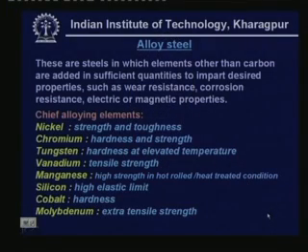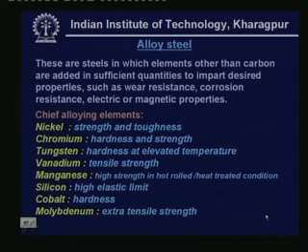What are the chief alloying elements? If you look at the slide, you can see that depending upon the type of alloying element, the property of the steel changes. Nickel imparts strength and toughness. Chromium imparts hardness and strength.